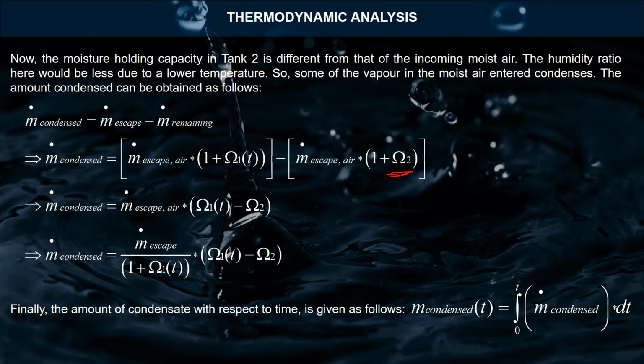Now, the mass of vapor that condensed in tank 2 is equal to the total mass that enters the tank minus the mass that is left after the moisture is shed off. The amount of dry air in the flow remains the same. The equation is then solved accordingly. Finally, an equation for the amount of condensate with respect to time is arrived at. The equations are coded in engineering equation solver and the following results are obtained.